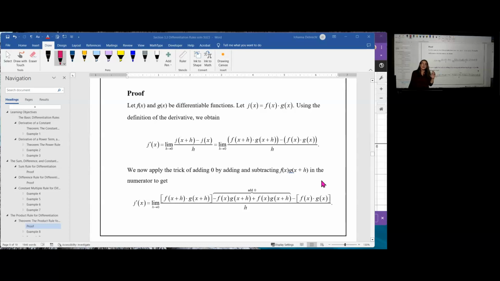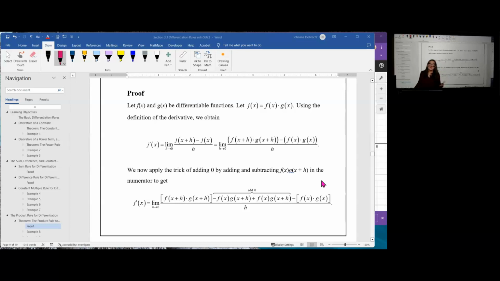Now we're going to have to apply a bit of a technique here in order to convert these into the derivatives of each individual function and the function itself. The trick is to add and subtract the specific value f of x times g of x plus h.